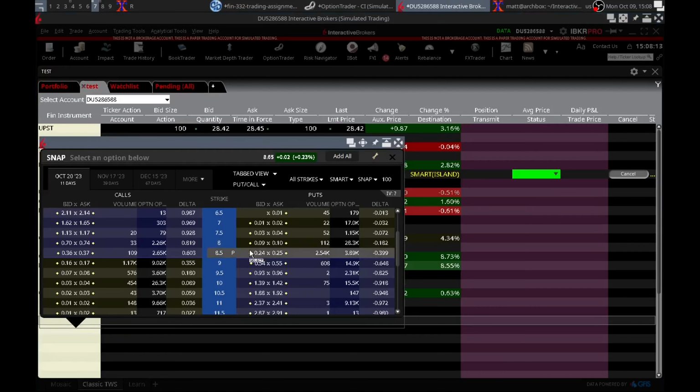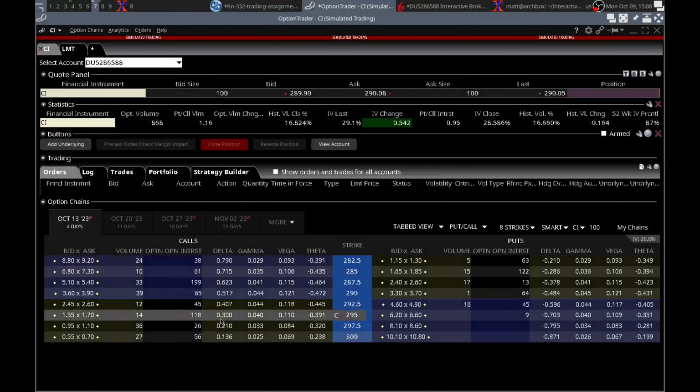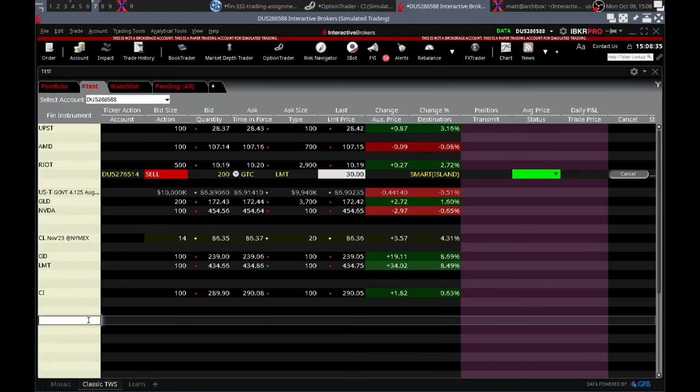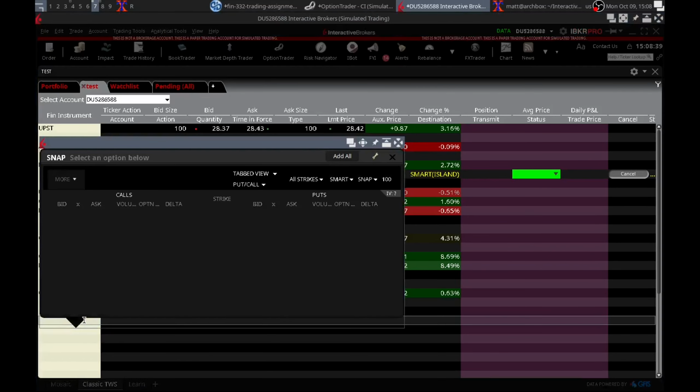Sell a call option. So if I sell a call option, what I say here is choose the most heavily traded strike price, right? That's trying to get you to take a look at how trading is distributed among the different strike prices. I was actually going to do this over here, because I brought in a lot more strike prices.